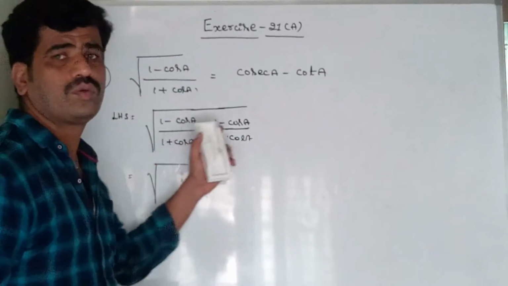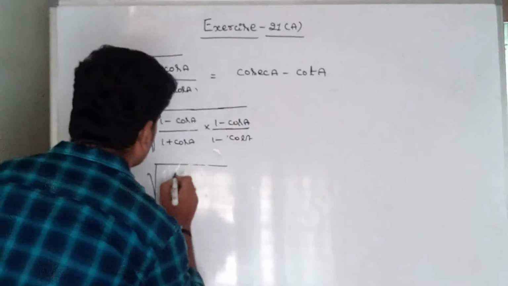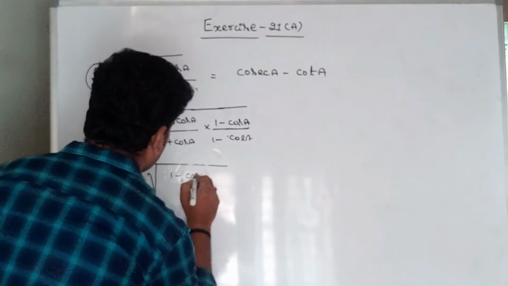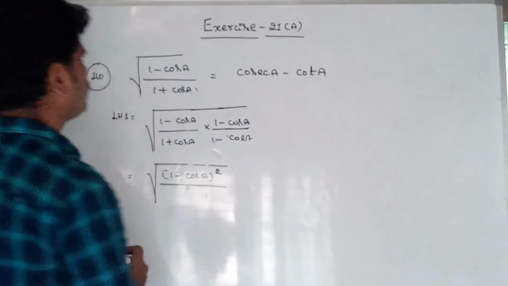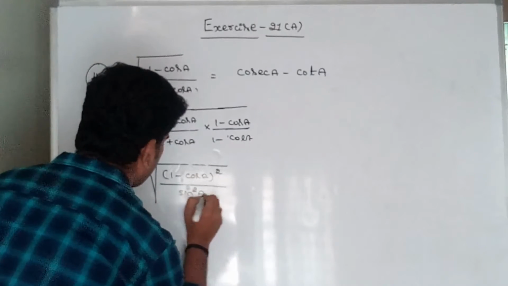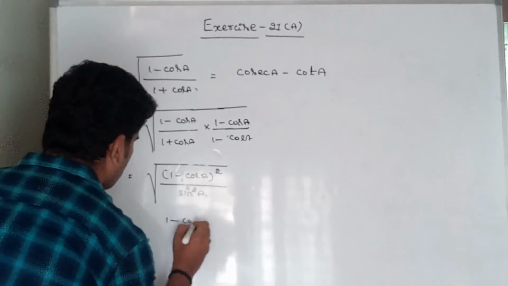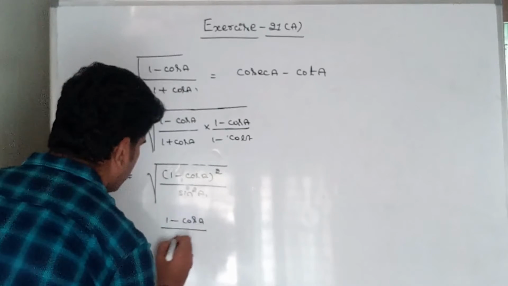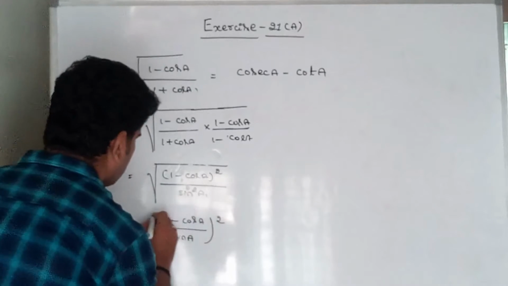The conjugate of this is 1 minus cos A divided by 1 minus cos A. Now 1 minus cos A into 1 minus cos A is 1 minus cos A the whole square, divided by 1 plus cos A into 1 minus cos A, which directly becomes sin square A. Now we have 1 minus cos A divided by sin A the whole square.